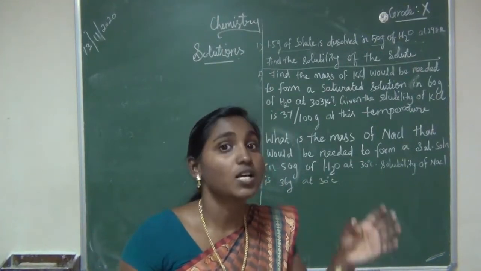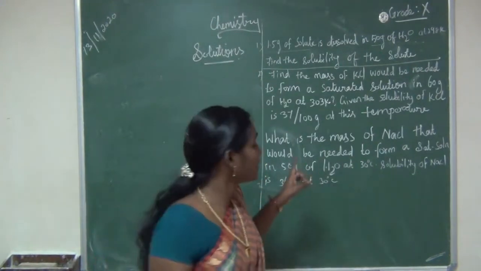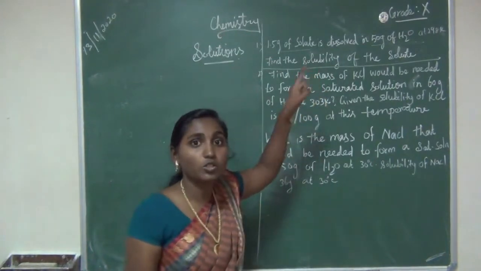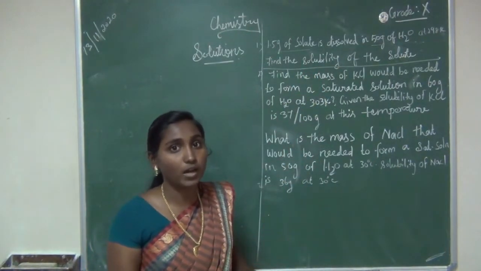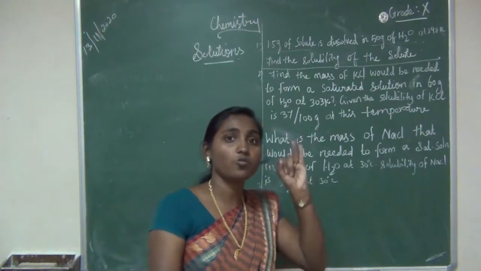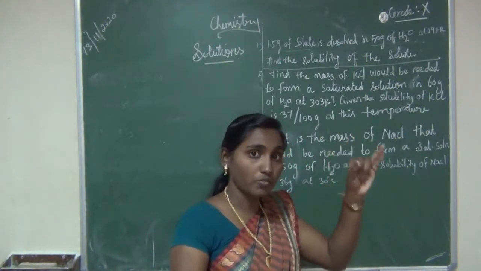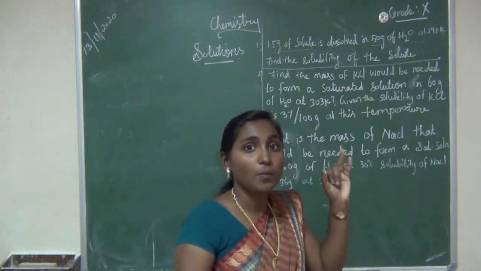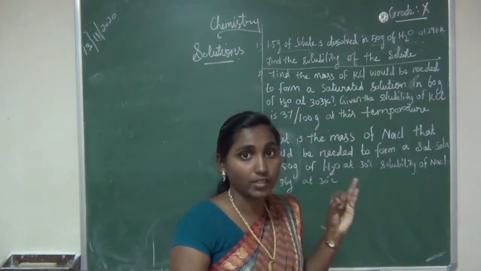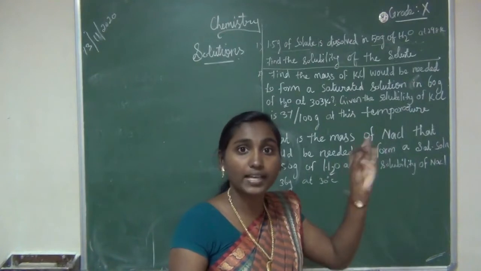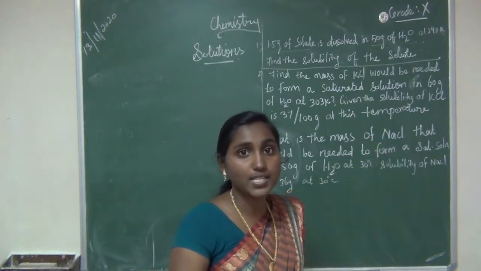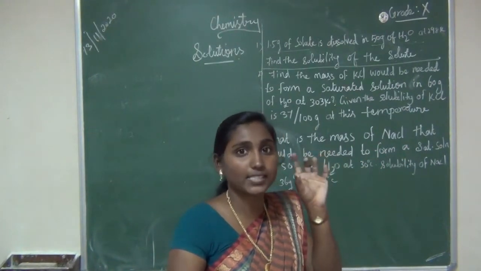Don't confuse it. In mass percentage and volume percentage, it is the mass or volume of solute divided by the mass or volume of solution, not solvent, into 100. This is the only small change.